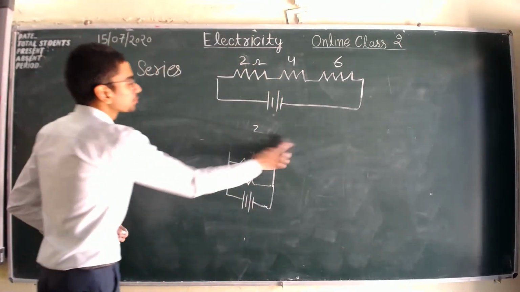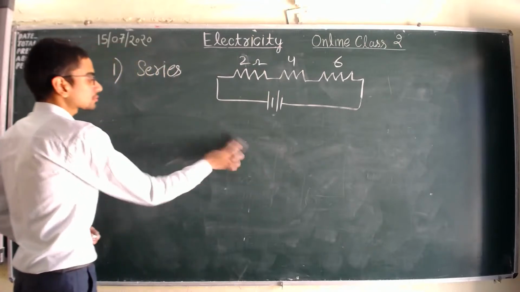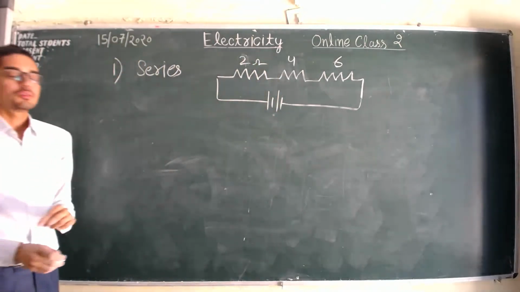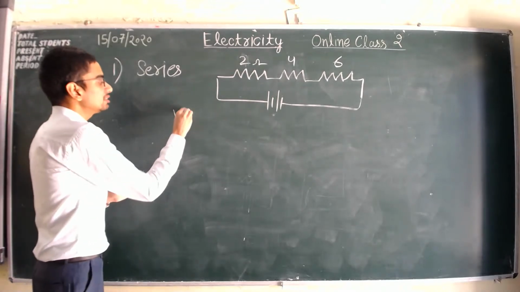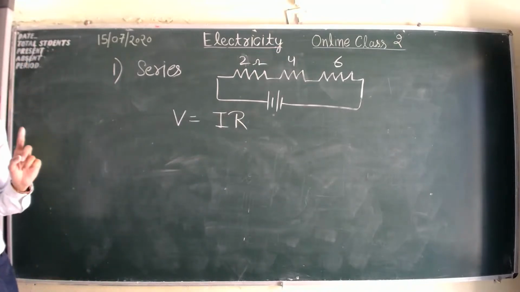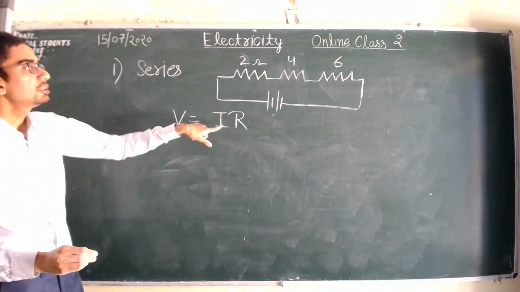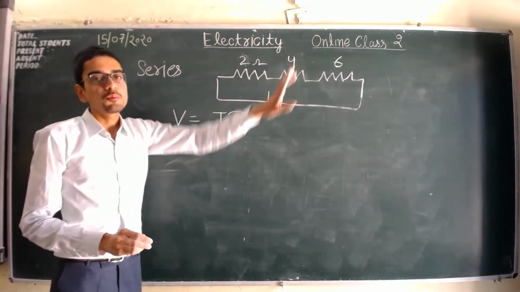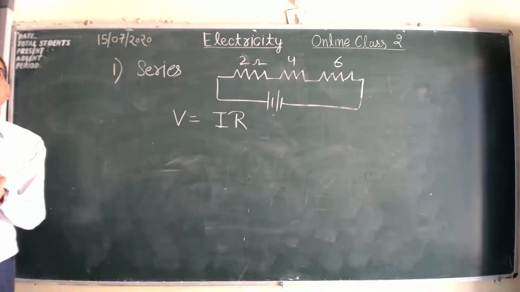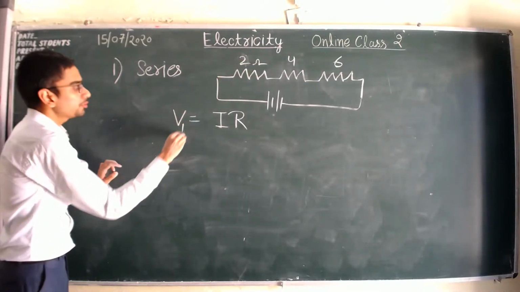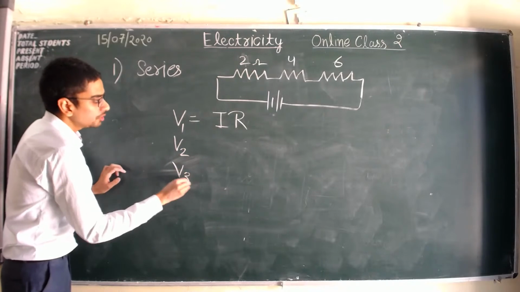First, see series. Write down Ohm's law. What is Ohm's law? V is equal to I R. You all know very well. Okay. Write down this formula for each resistor. हर रेजिस्टर के लिए आपको फॉर्मूला पता होना चाहिए। तो आपने अभी पढ़ा है कि वोल्टेज सीरीज में अलग अलग होती है। So we write 3 voltages, V1, V2, V3.